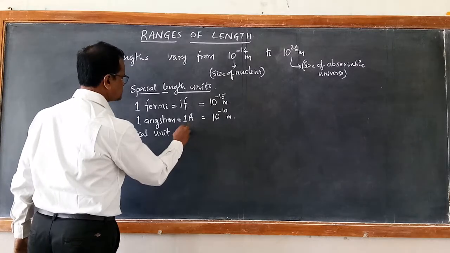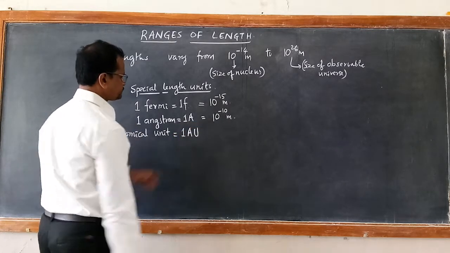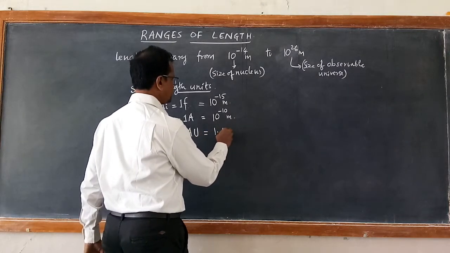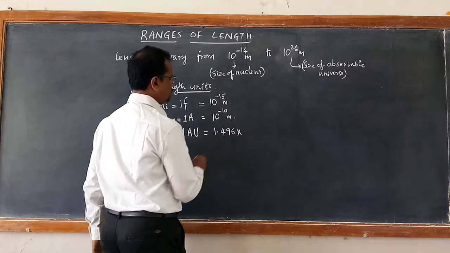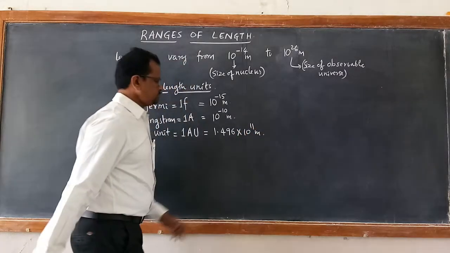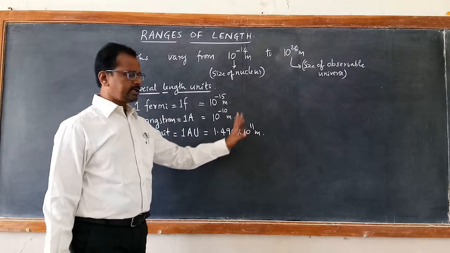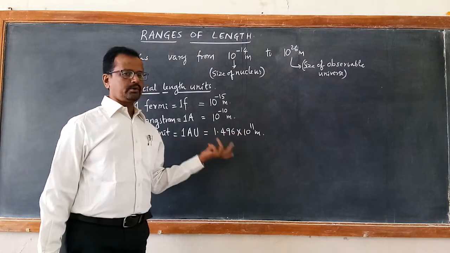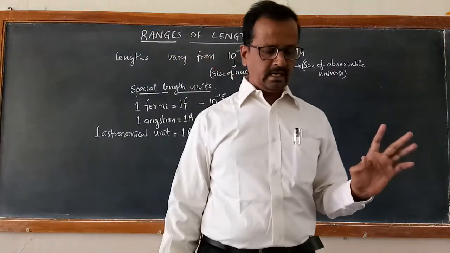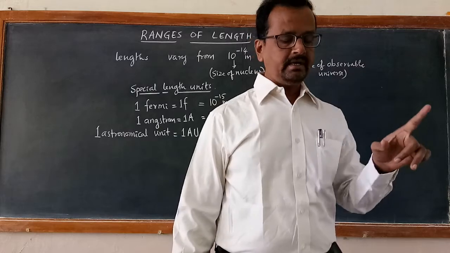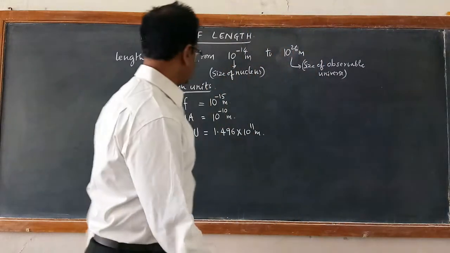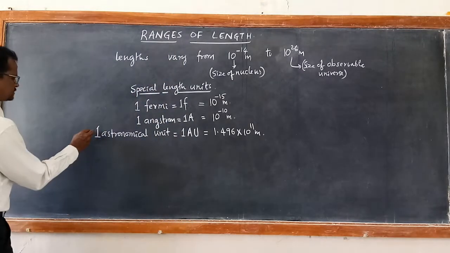In short, it is written as 1 AU, capital A, capital U. As we used yesterday, it is 1.496 into 10 to the power of 11 meter, approximately 1.5 into 10 raised to 11 meter. It is 15 crore kilometers. It is the average distance between the Earth and Sun when the Earth is revolving around the Sun. You can just note down: the average distance of the Sun from the Earth is called 1 astronomical unit.